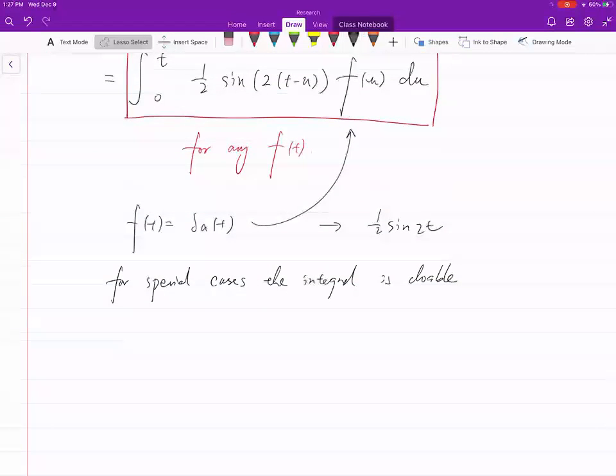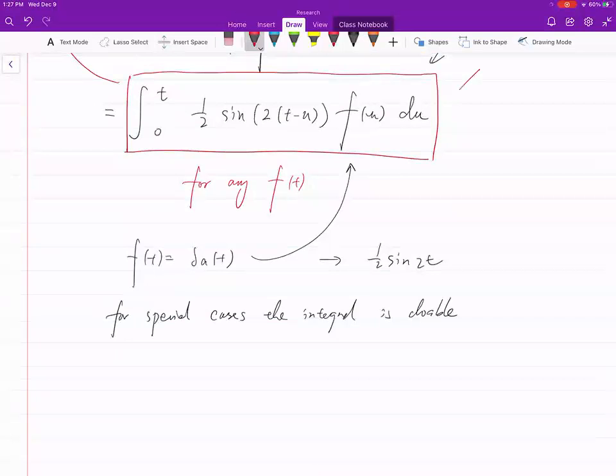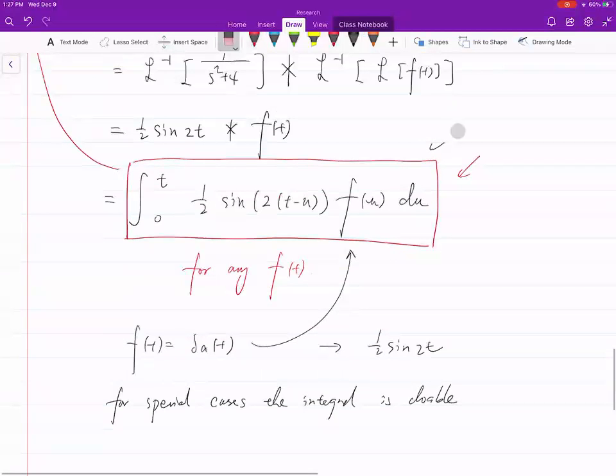But in general, the final thing looks like this. Sounds good? This will be the solution for the harmonic oscillator with the external force put into your final formula. You put in a force, you got a nice solution. You put in another force, you got another nice solution. So this is actually the general solution for harmonic oscillators.